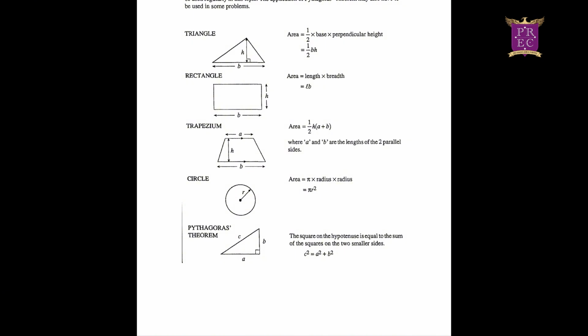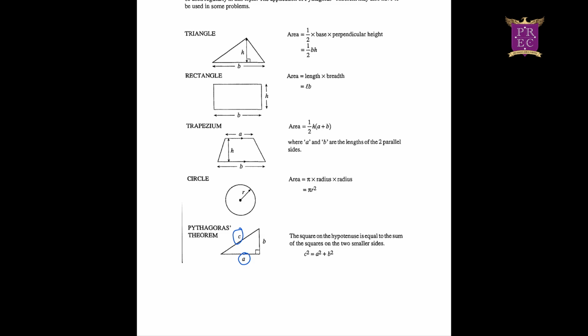This is a very important one, Pythagoras theorem. When you're working with right angle triangles, you need to find out what the missing height is. For example, we've only got C and A. We won't be able to find out what the area of this triangle is, so we will need to find out what B is for the height.